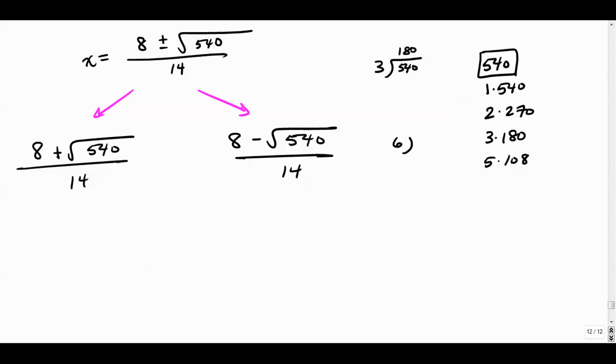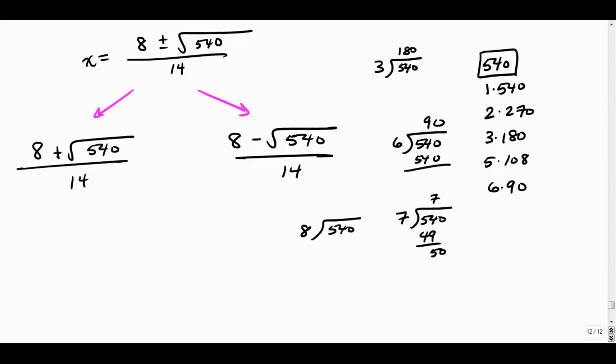How about 6? 6 definitely goes in there. 6 times 9 is 54. So the answer is 6 and 90. Again, I don't see any perfect squares. How about 7? Does 7 go into 540? Well, it'd be 7, so it's 49 and 50. No, that doesn't work. How about 8?